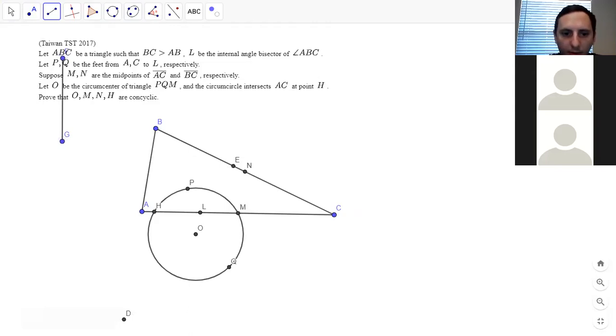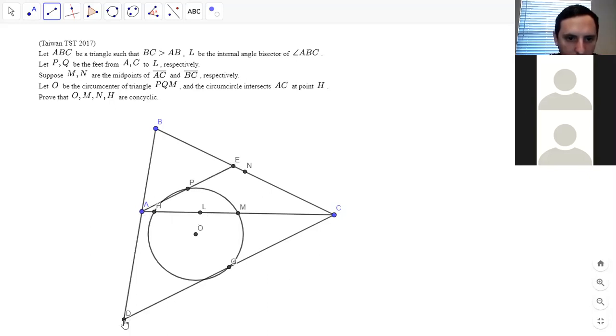So we have C, D. Just want to show DA. You draw the bisector. I think that's it. Was there anything else I was supposed to draw?